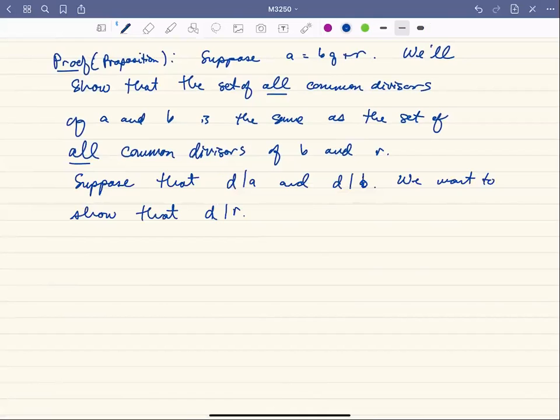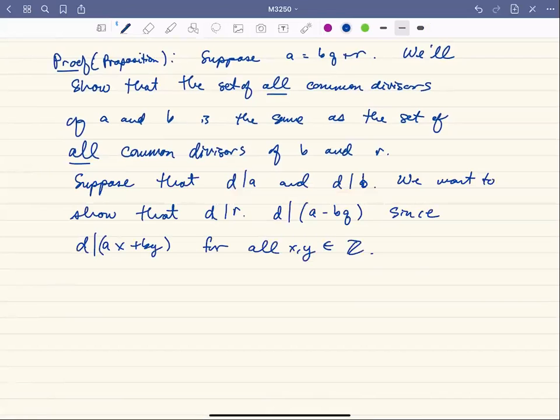In particular, d divides a minus bq, since d divides ax plus by for all integers x and y. If x is 1 and y is negative q, then this is true. And from that, we get that d divides r.